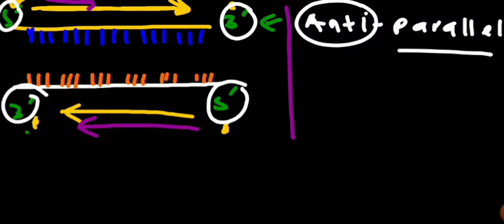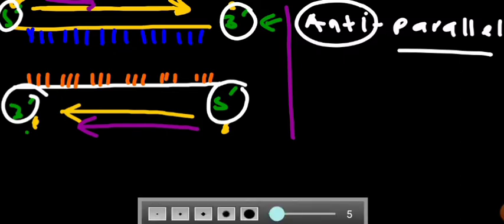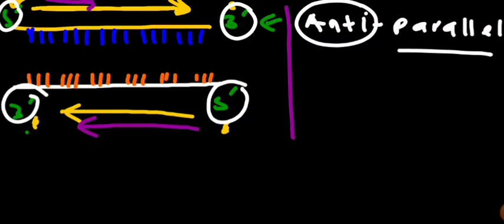So now, let us say that you've got this DNA sequence, 5' A, T, C, G, T, A, 3'.